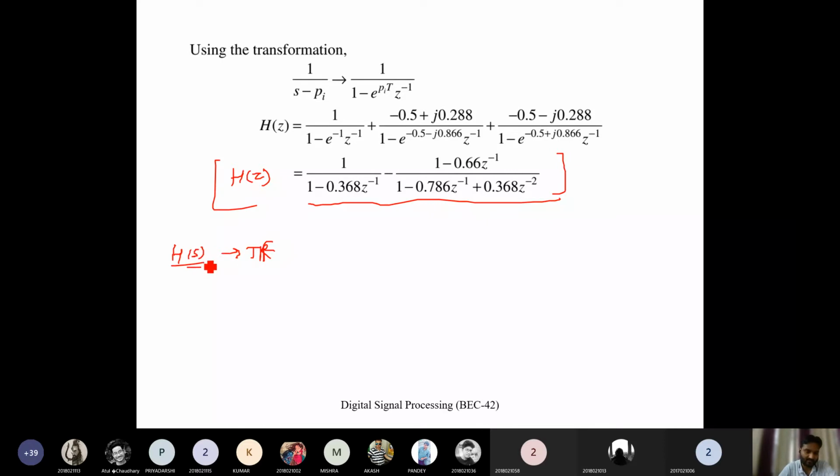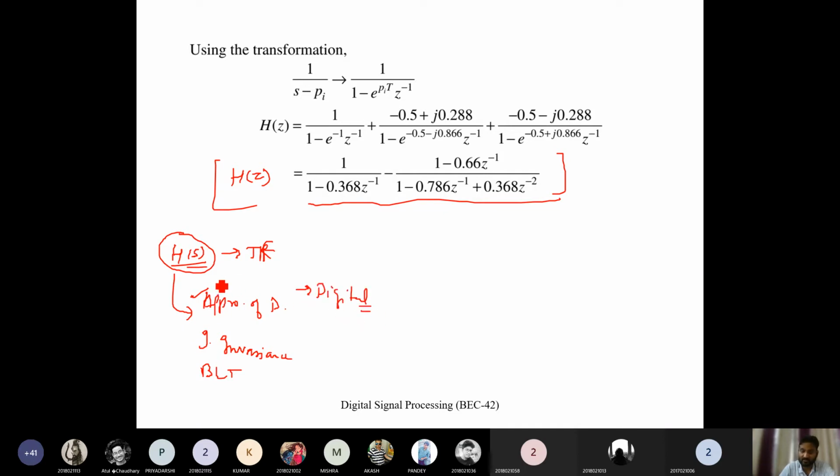Once H of s is given, we need to directly use one of the three methods we have studied: approximation of derivative, impulse invariance method, and bilinear transformation method. So we just need to use any one of the three methods to convert it into the digital filter.